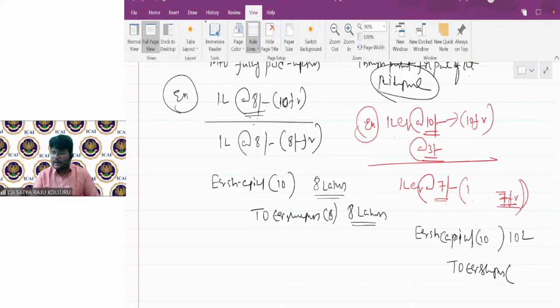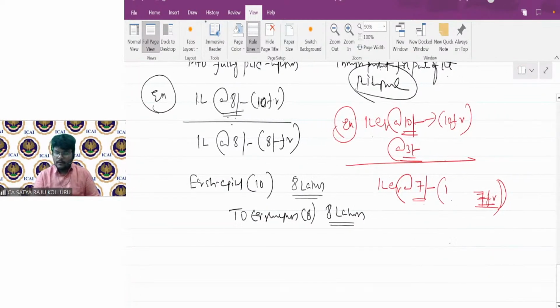7 rupees, right? Actually, no need to do all such things. Two possibilities: 10 rupees face value, 7 rupees face value. Let me write the journal entries for 7 rupees face value first. Later on, I will provide the entry for 10 rupees face value as well.